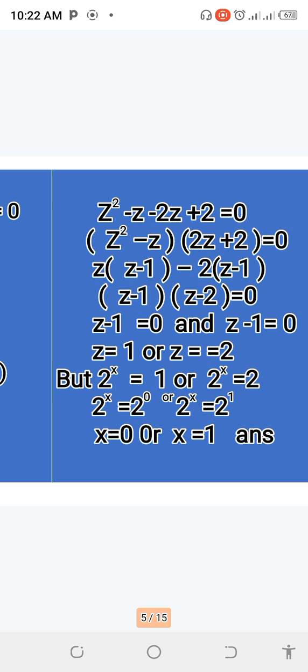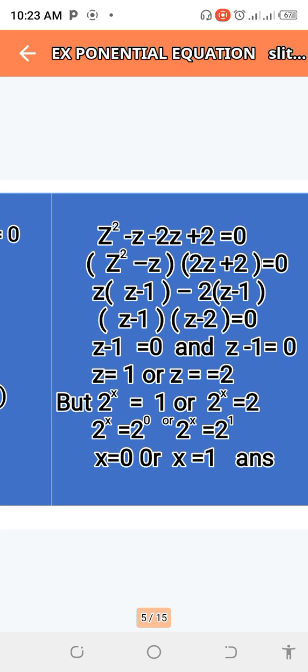And one thing is common here now. The thing that is common in this group is 2. You bring out minus 2. Minus 2 into 2z, we have z, and minus 2 into 2, we have 1.